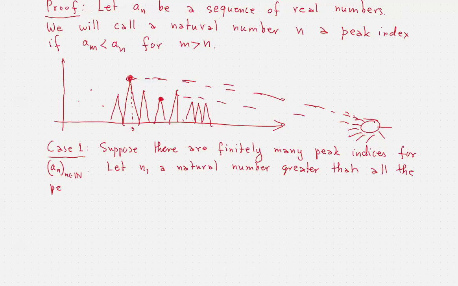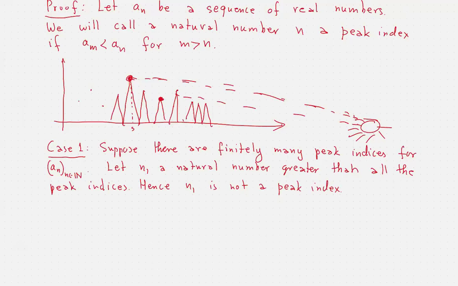This means that n_1 is not a peak index. And what does that mean? That means that there is a term of the sequence which is greater than or equal to a_{n_1} that comes after a_{n_1}.